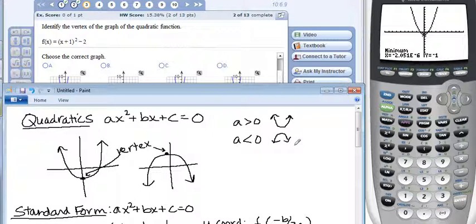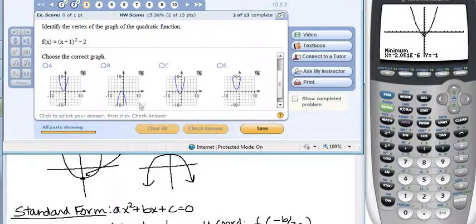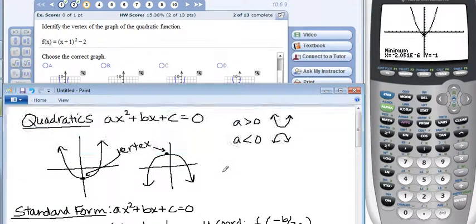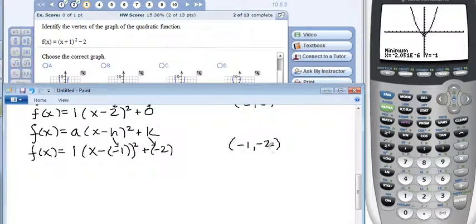What did I say my A was? I said it was a 1, and it's a positive 1. So that means my graph looks like this because it's bigger than 0. Okay? So now I can just completely disregard B. It's flipped the wrong way. So now I'm up to A, C, or D. Well, now I'm going to start to look for the vertex that sits at -1, -2.